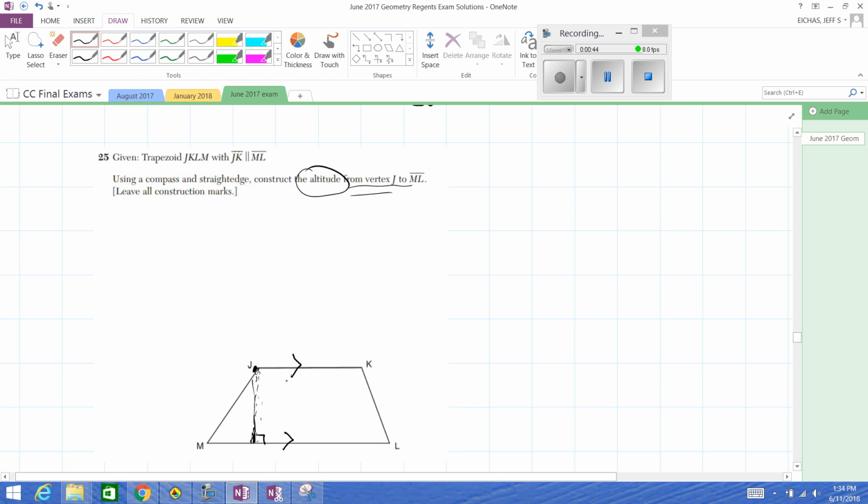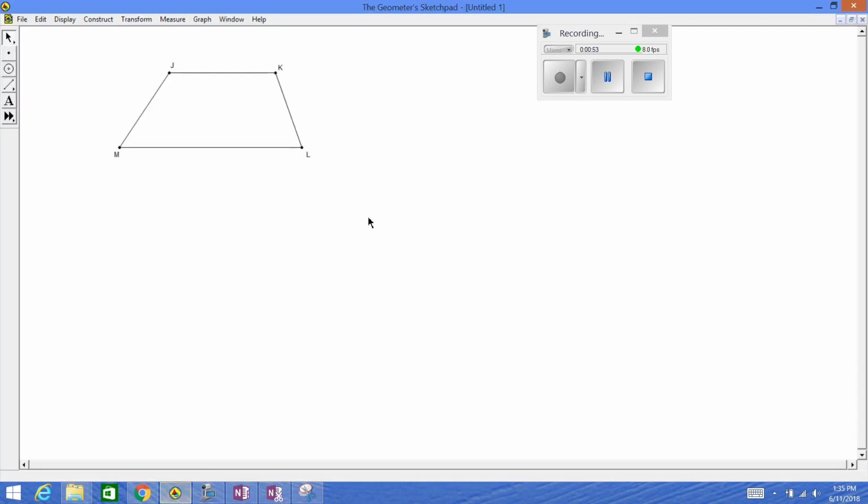All right, so we'll go over to Geometry Sketchpad because I can't simulate the compass tool on this particular setting. What I would personally do first is put the center of my compass tool on J. I would find the radius that hits M. You don't have to, there are other ways to do this, but I would construct that circle.